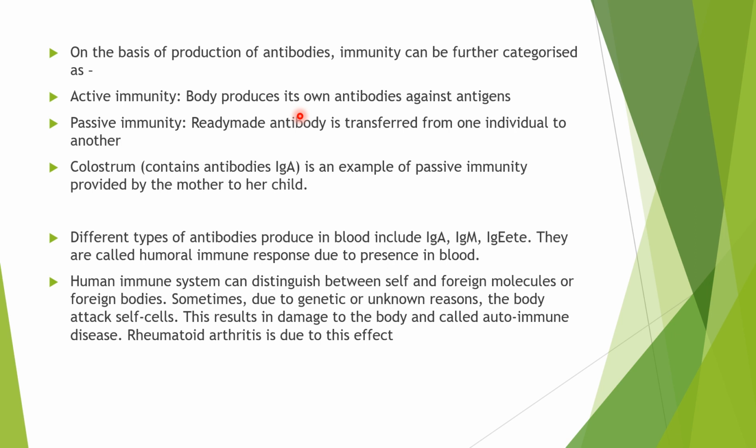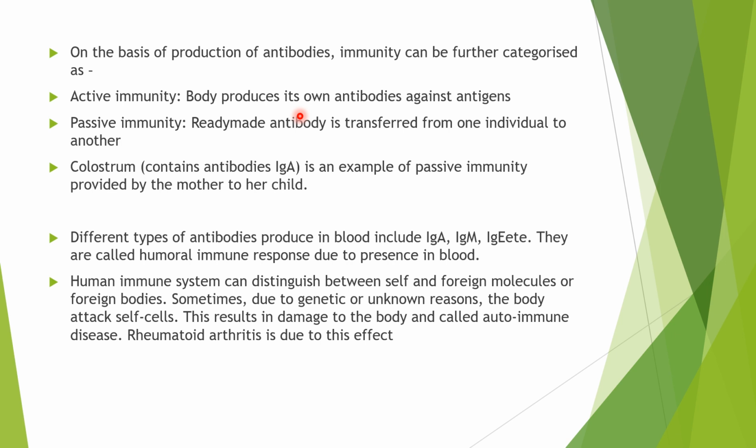When a host is exposed to an antigen, which may be in the form of living or dead microorganisms or other proteins, antibodies are produced in the host body, and this type of immunity is called active immunity. That means it is not artificial immunity, it is the natural immunity present in every living organism.